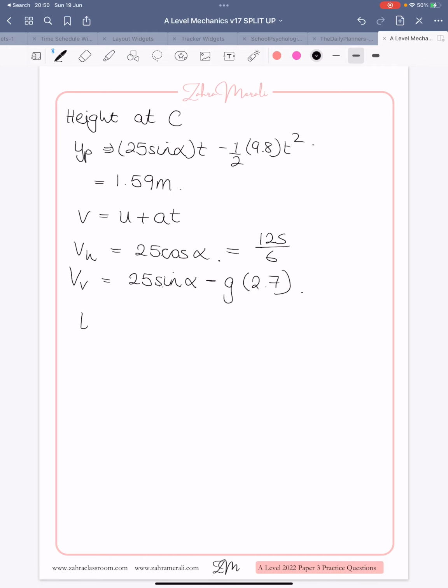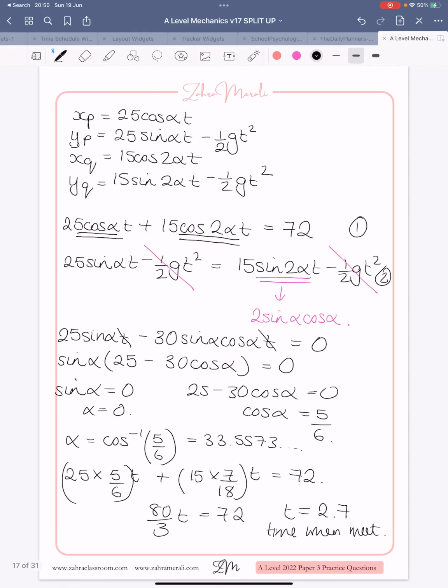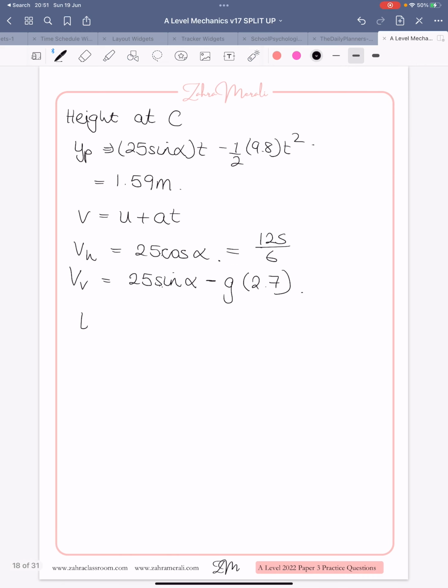And then we want to sin that, times it by 25, minus 9.8 times 2.7. And that gives me minus 12.64. So my horizontal is 125 over 6. My vertical is actually going down, so 12.64.